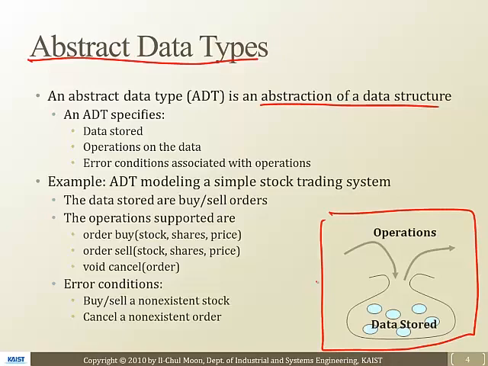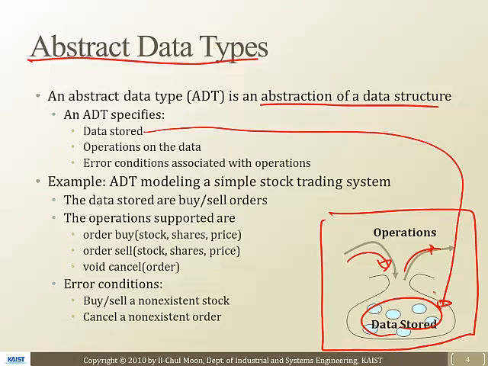This bag supports operations like putting in and getting out, right? And these are 2 operations, and there is data stored here, many items. The abstract data type specifies the data stored, like this, the operations on the data, like this, and then the error conditions associated with the operations.